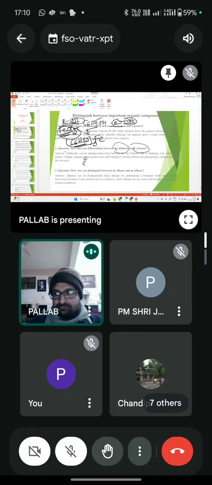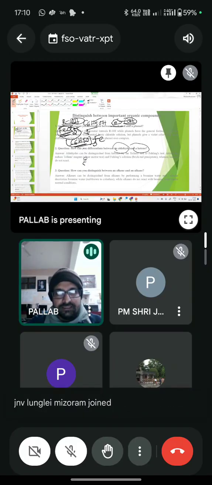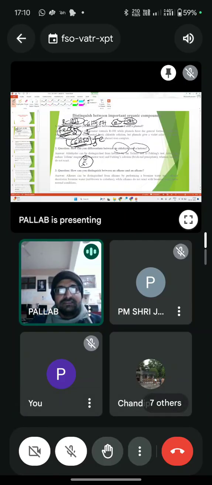So, as both contain this carbonyl part, the reaction will take place here. But we know that aldehyde is more reactive than ketone because of the presence of this hydrogen, and ketone is less reactive.